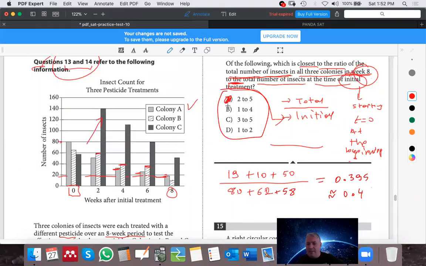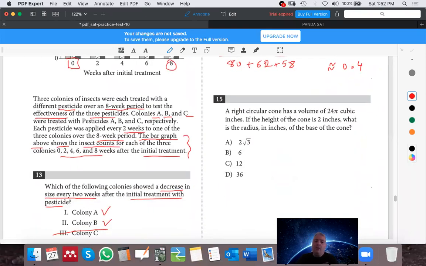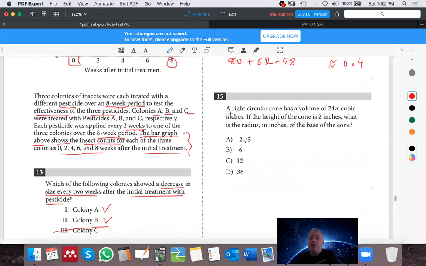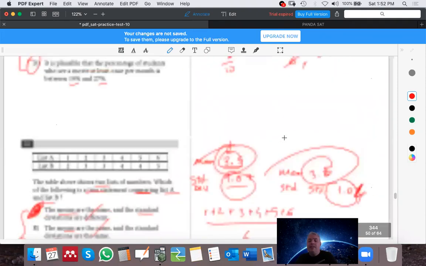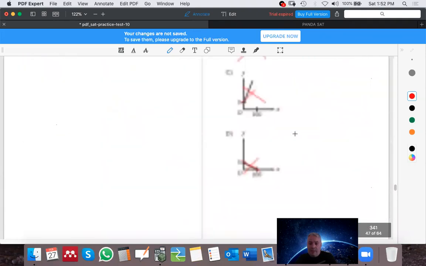I think it's clear, right? We did directly, finished. Question number 15. A right circular cone, volume, directly 1 over 3 pi r square h. This is the formula. If you forget, come here at the beginning.